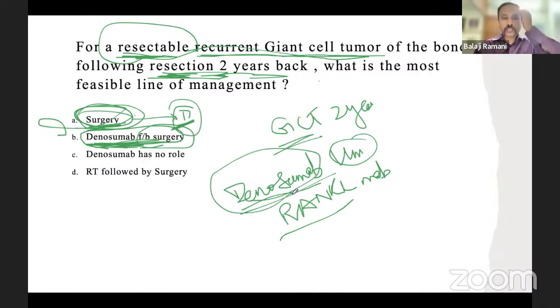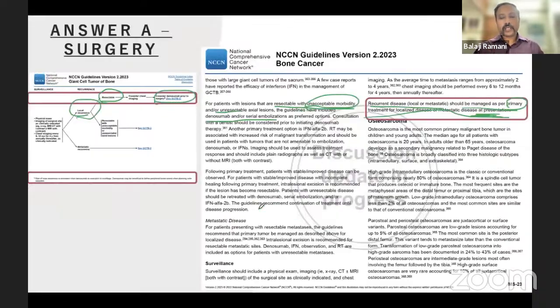Now, there are trials addressing patients who have borderline resectable lesions, or where it is resectable but with high morbidity, where people are considering using denosumab to stabilize the disease. The problem is that the risk of local recurrence is increased when denosumab is used prior to curettage. This is an important point.